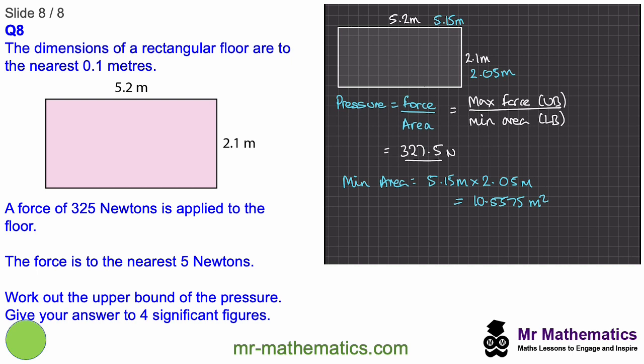So the upper bound of the pressure will be the maximum force, 327.5 newtons, over the minimum area, 10.5575 metres squared, which is approximately 31.02 newtons per metre squared.